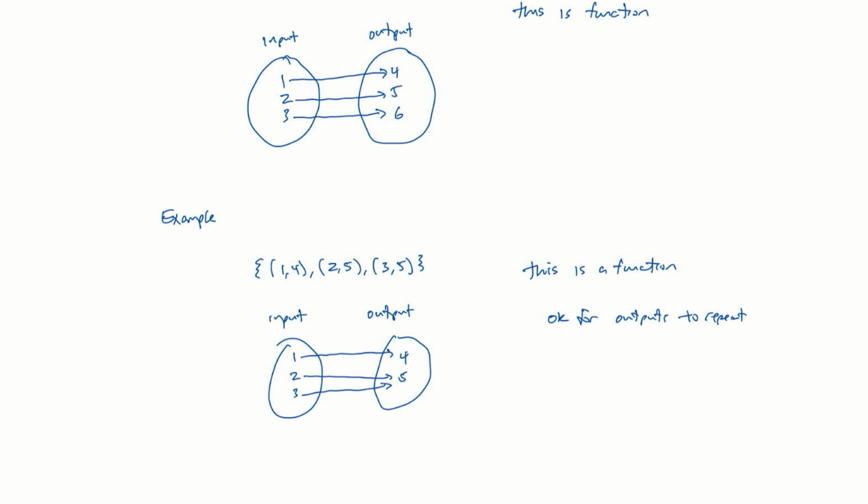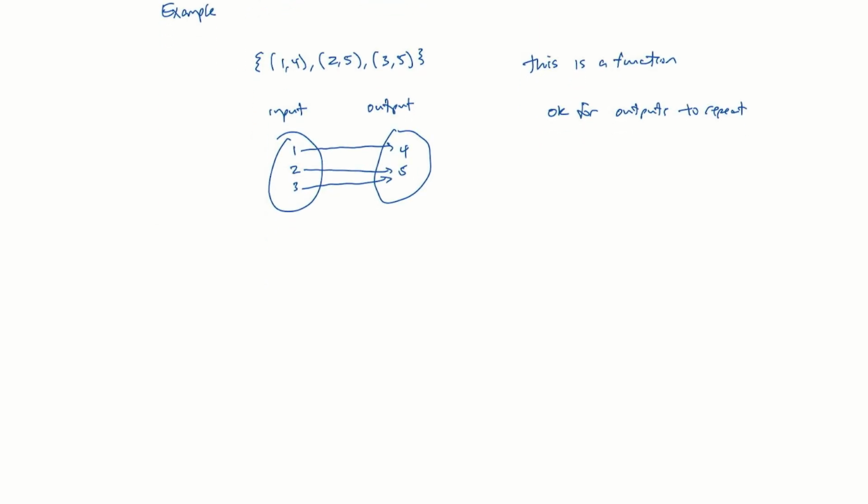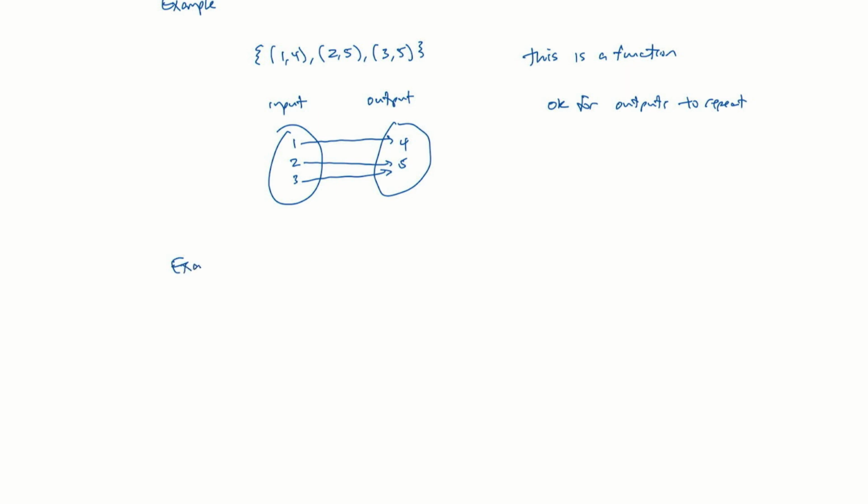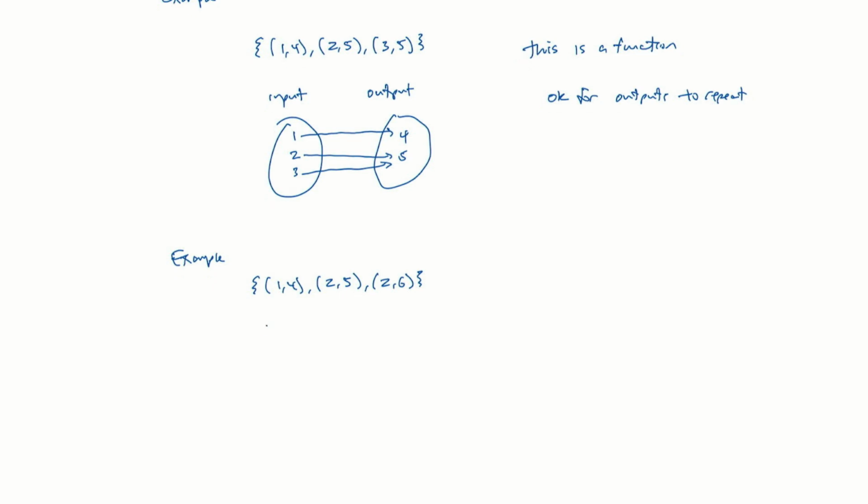Okay. All right, let's try one more. We have the relation, let's do 1 and 4, 2 and 5, 2 and 6. Okay, visually, we'll list our input and output.